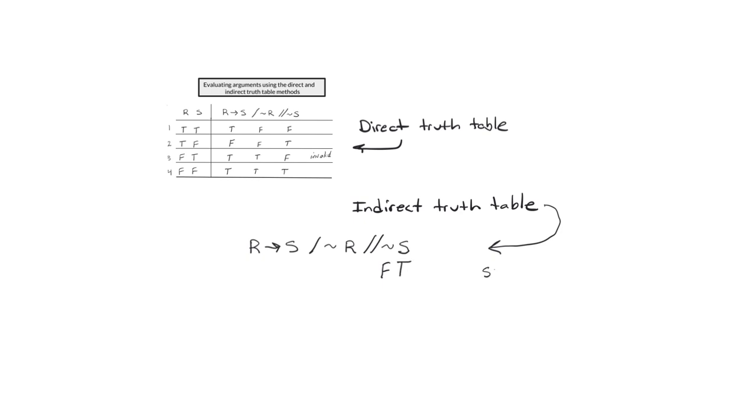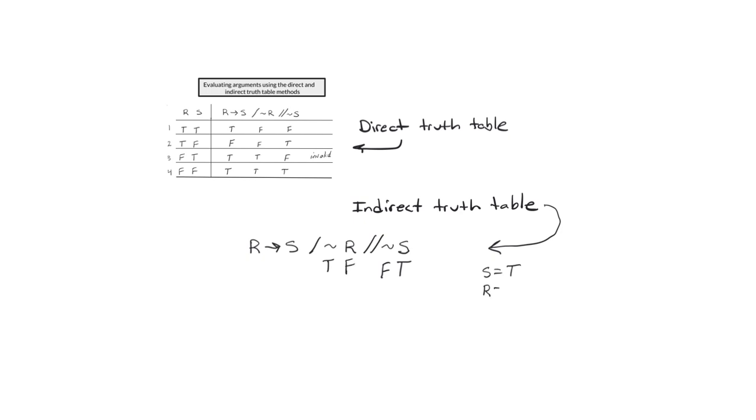So S is true. Now let's work backwards. Let's make tilde R true because we want both of these premises to be true. So if the tilde R is true, then we know that R has to be false.